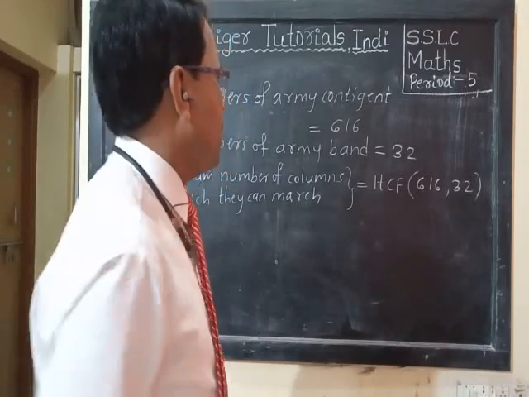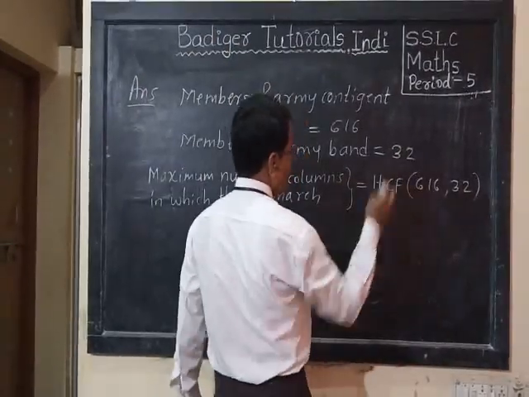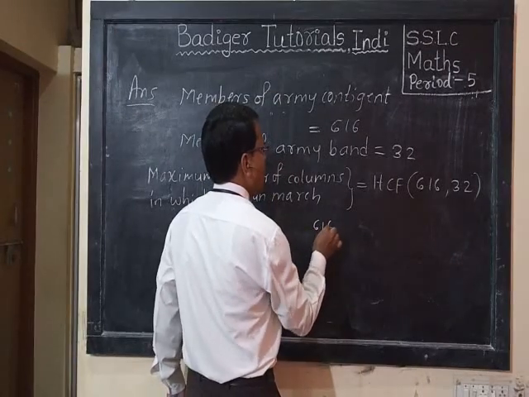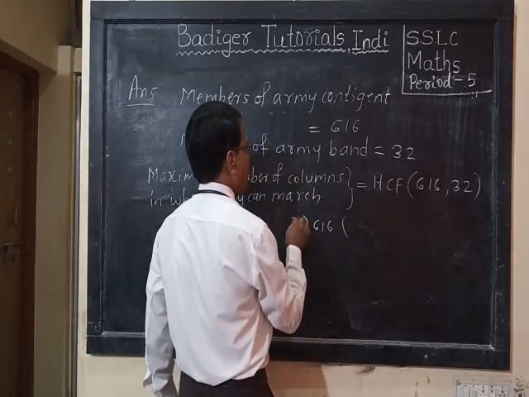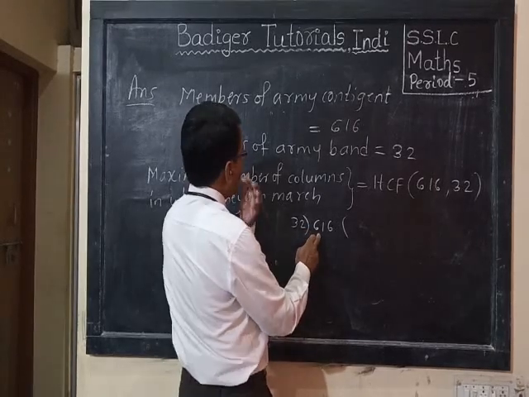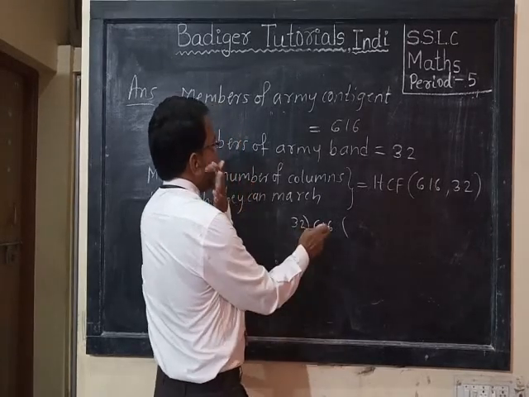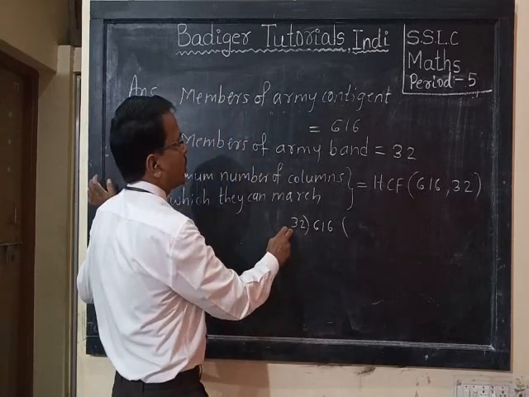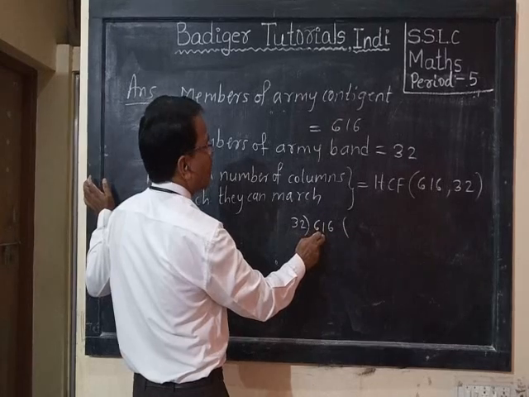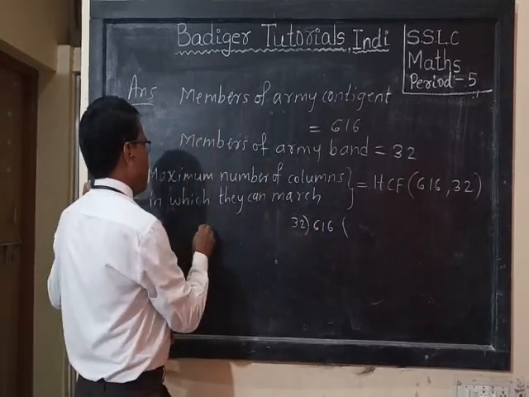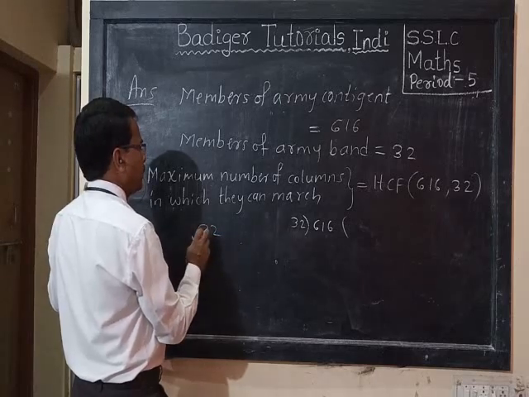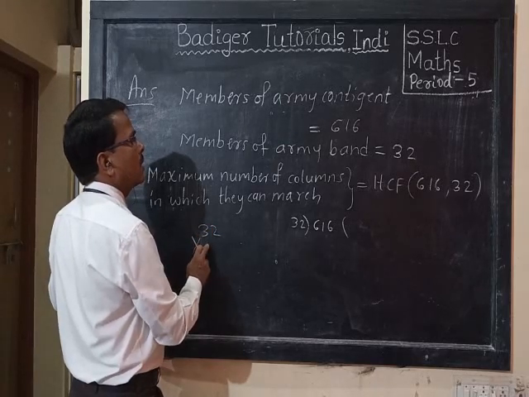The short method is to just take the bigger number, 616, and divide this by 32. 32 twos are 64, which is bigger. So you have to check 32 into how much. 32 tens are 320.